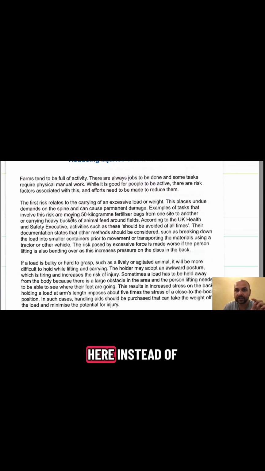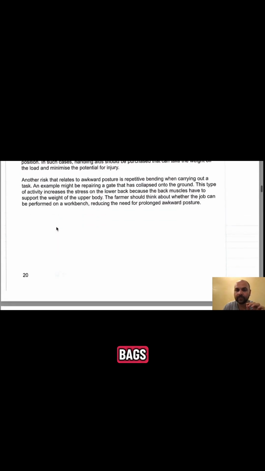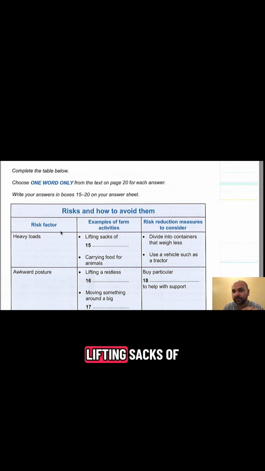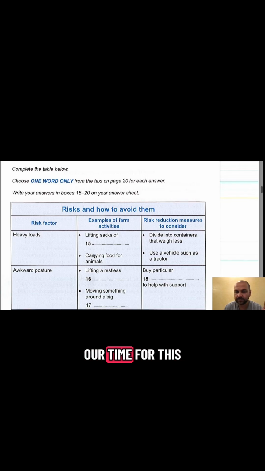We can see here, instead of lifting, it says moving, and instead of sacks it says bags. Lifting fertilizer bags, lifting of fertilizers. So we don't need the further information. The other is just extra, and we would waste our time on it.